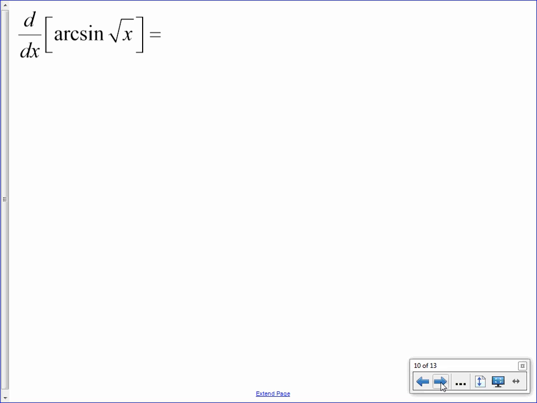It's just positive instead. So 1 over the square root of 1 minus x squared, but instead of x, we have radical x, which we will rewrite in a little bit. But now, we can't forget about the chain rule. How do we do the chain rule?